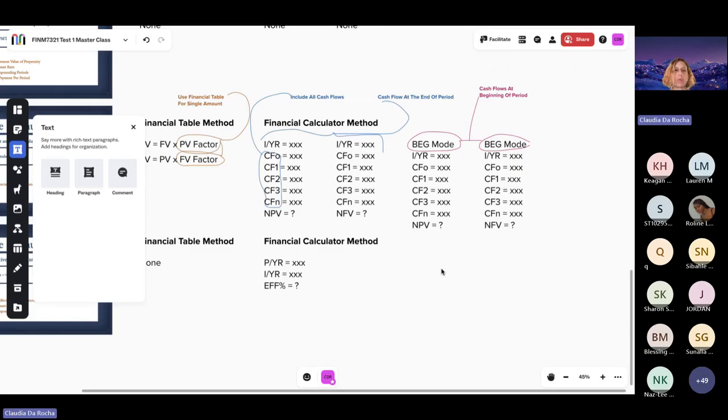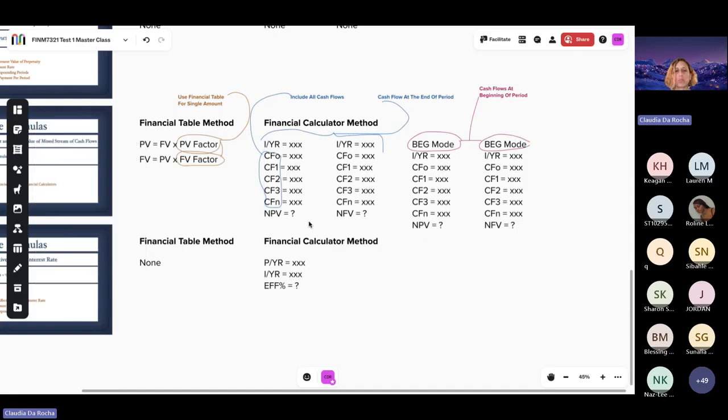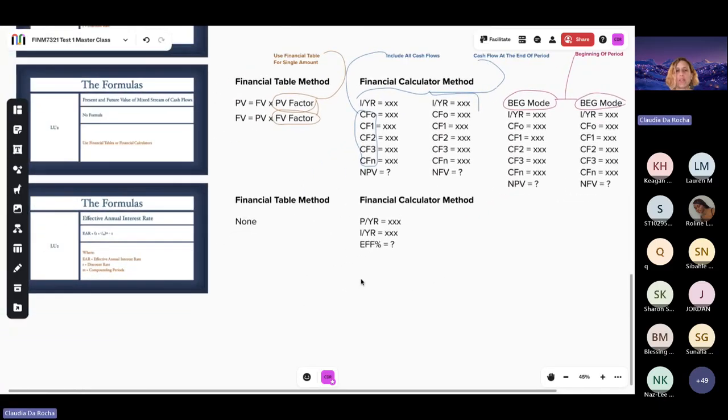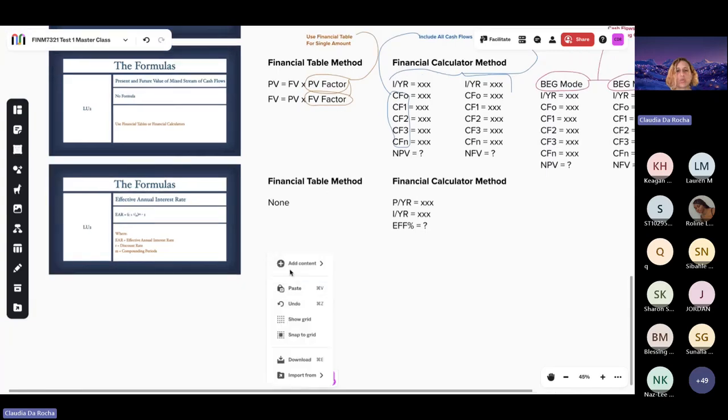Then depending on what we're calculating, the present value or the future value, we call it net present value, net future value.